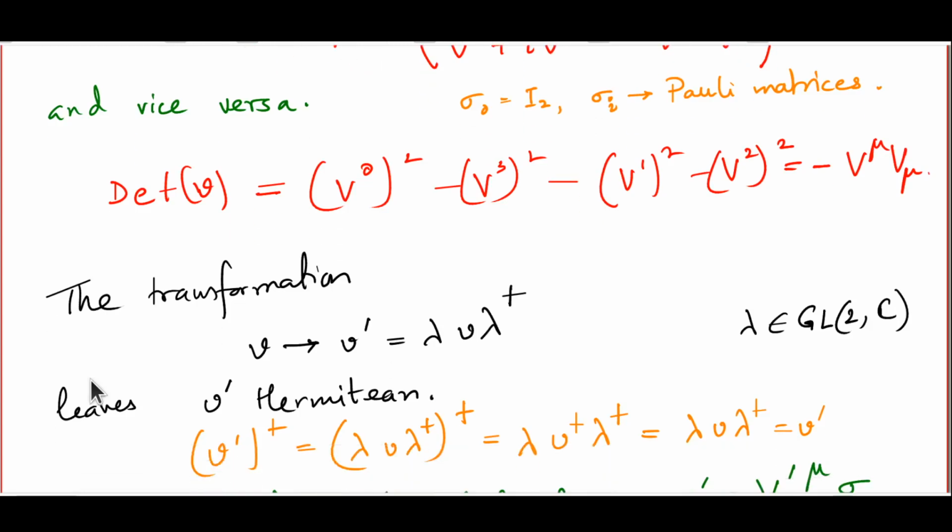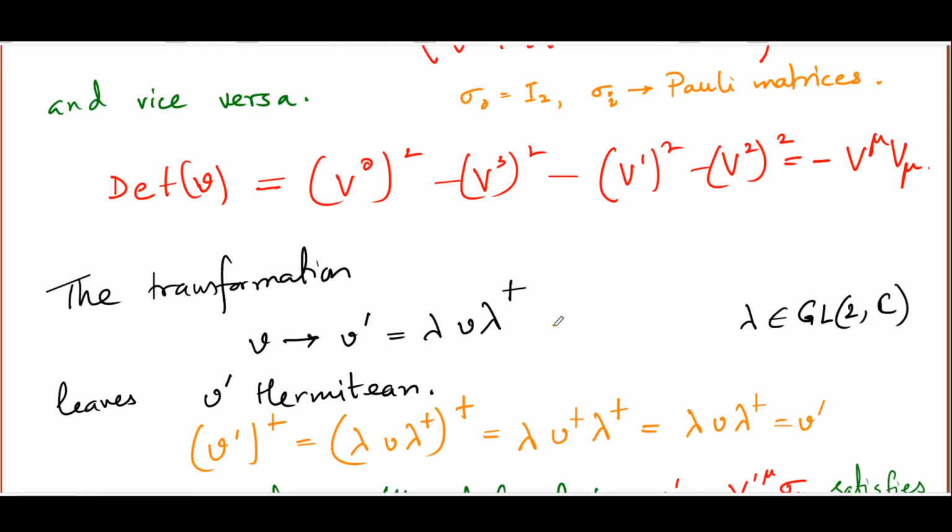All you have to do is take the adjoint of v′, that will be equal to (Λ v Λ†)†. But as you all know, (AB)† is B†A†. So using that, this is equal to (Λ†)† v† Λ†. And (Λ†)† being Λ, you are back with Λ v Λ†, that is, v′ stays the same when you calculate its Hermitian adjoint, which of course means that v′ is Hermitian.